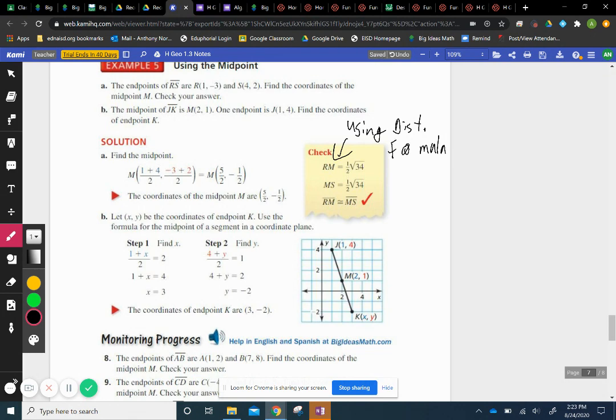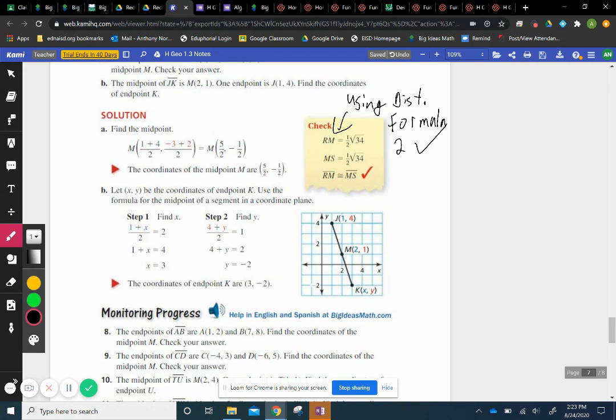You can do that if you'd like. Normally I'm a proponent of checking the answer, but I fervently believe that you're way more likely to mess up using the distance formula than you are messing up the midpoint formula. Let's use the distance formula check.